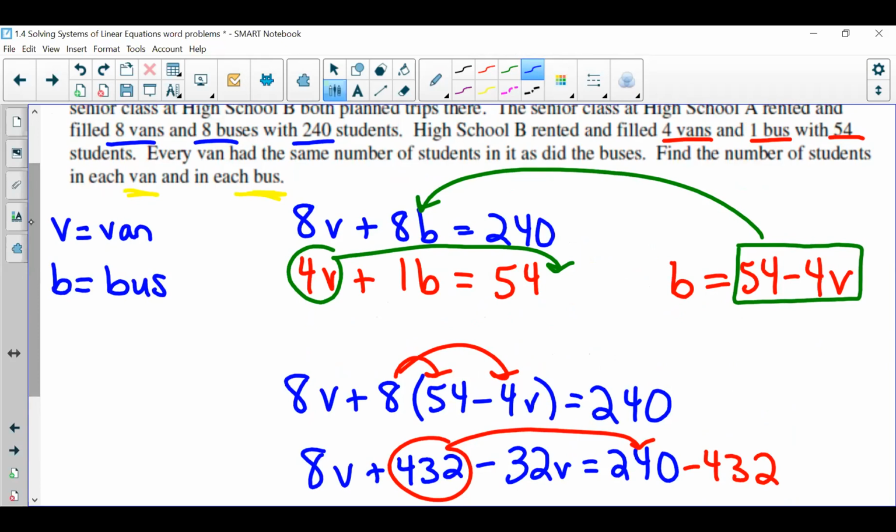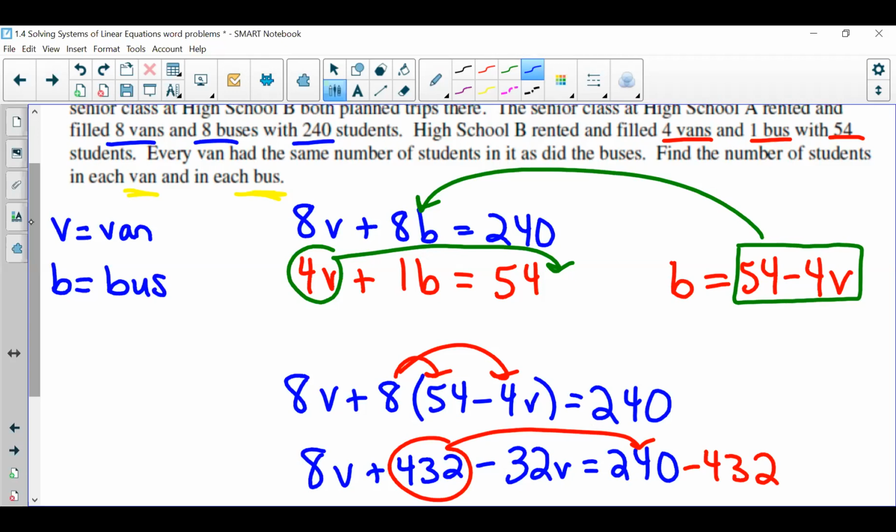Well, that 8 actually is just a coefficient to be taken into account. Matthew, if you look at the red one, 1B is just B, so it's already isolated, right? And look at what you did here with the isolation: B equals 54 take away 4V. Oh, yeah, sorry.